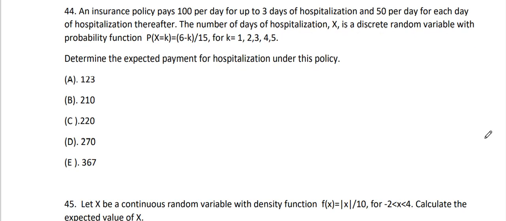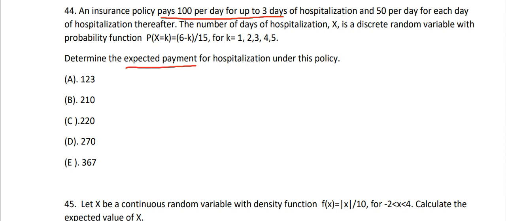Okay, so now this one, this problem is really clear. We want to find expected value, right? Expected payment for hospitalization. So we just check what is the payment. It says pay 100 per day up to 3 days for hospitalization.